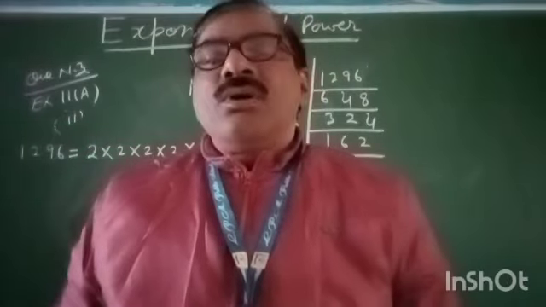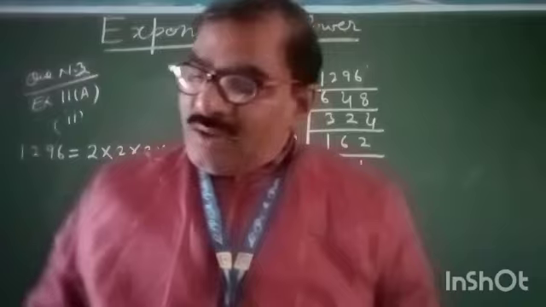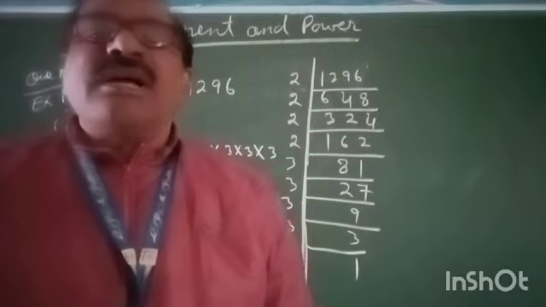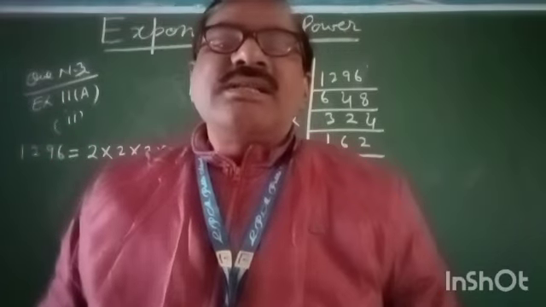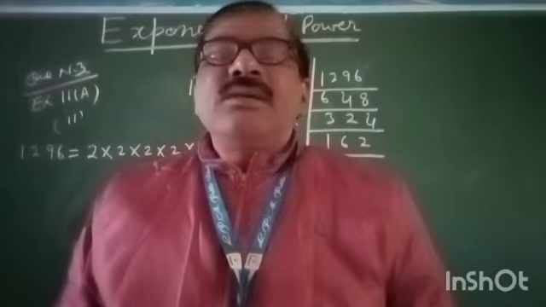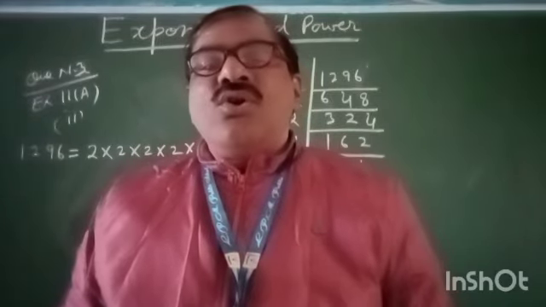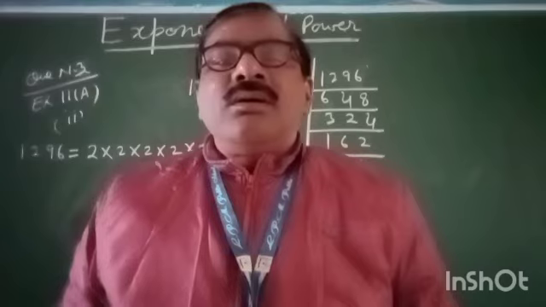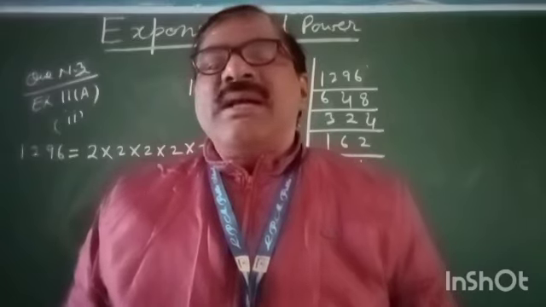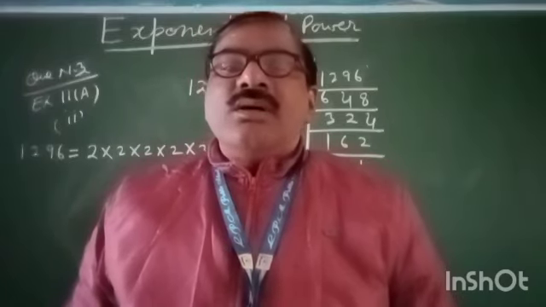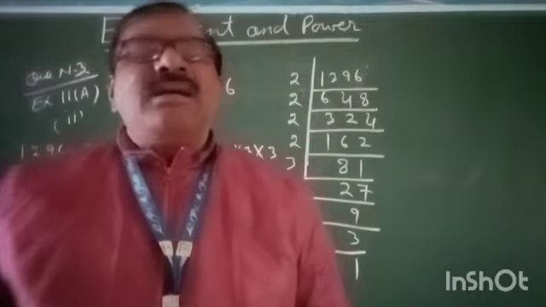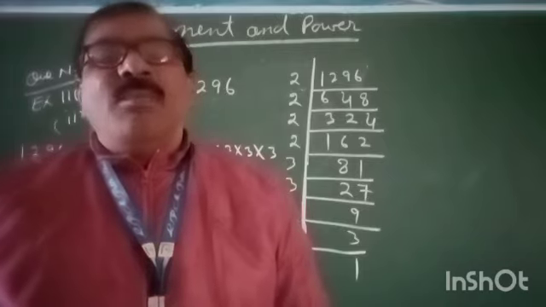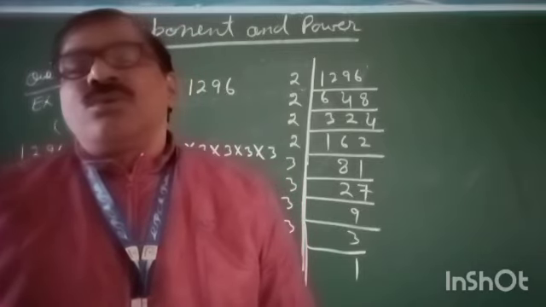Now with the help of these 3 questions, you can solve these questions very easily at home in your copy. Now I'll explain the next question in another video. Thank you so much.